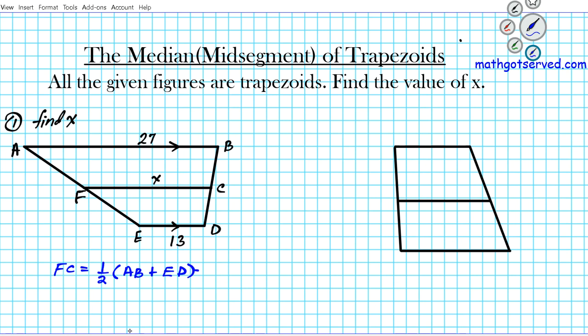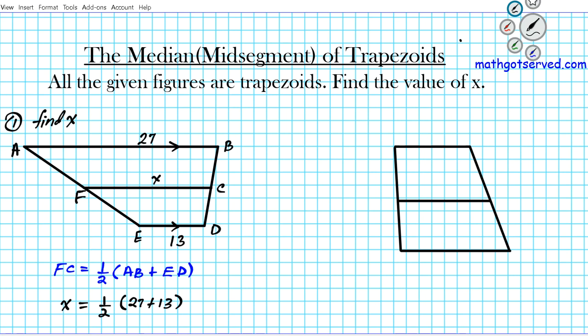That's the formula that relates the median and the bases. If we substitute what we know and what we need, FC is x, that's what we're looking for. X is equal to the average of the bases, or the sum of the bases divided by 2. AB is 27 plus 13.